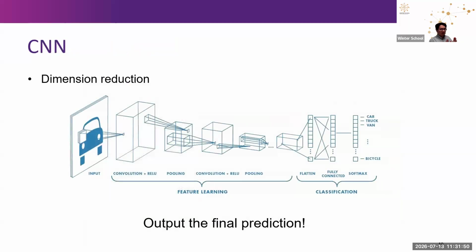After the layer by layer stack, we have such a feed-forward structure. Imagine at the very beginning the car: we have the input image of the car.